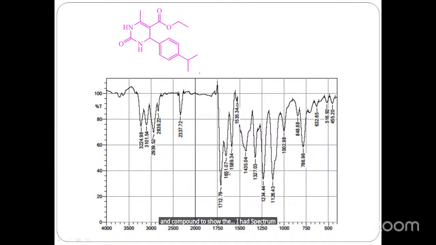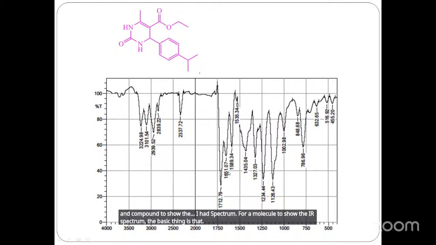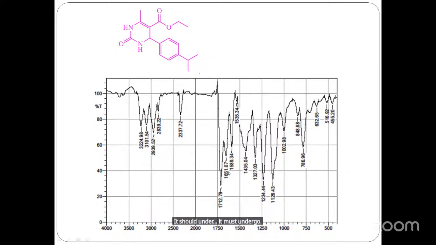For a molecule to show the IR spectrum, it must undergo a change in dipole moment whenever we provide the IR energy to the sample. Polarity is a very important aspect, and this polarity governs the intensity. Always remember this, and the remaining things we can easily analyze.